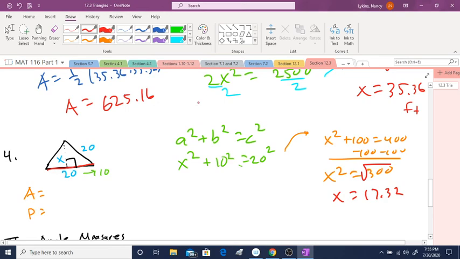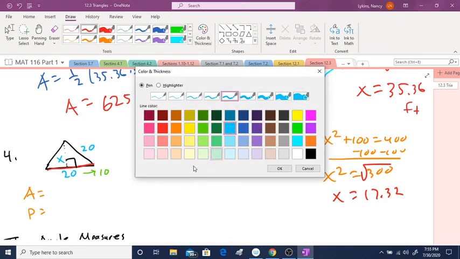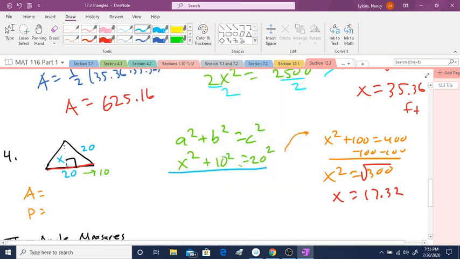Now to find the area of this, I'm going to say area equals 1/2. Now the base is the x that we just found.